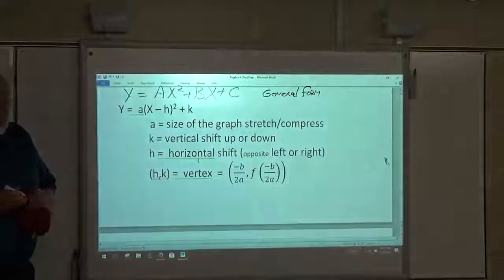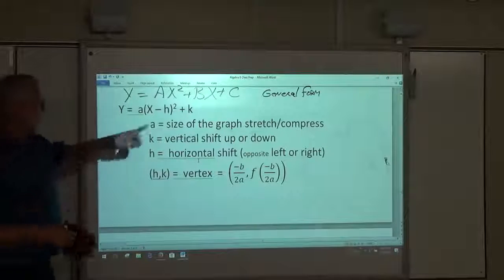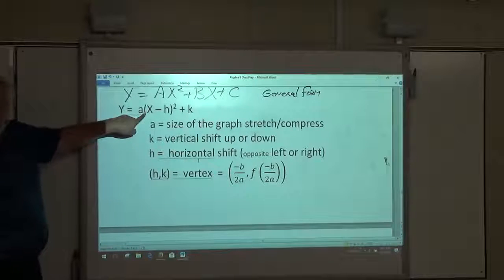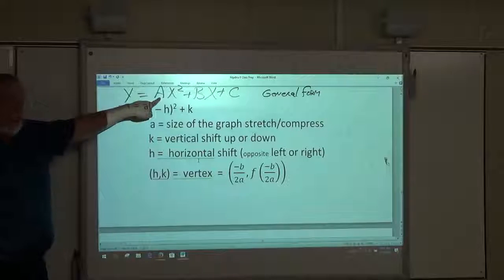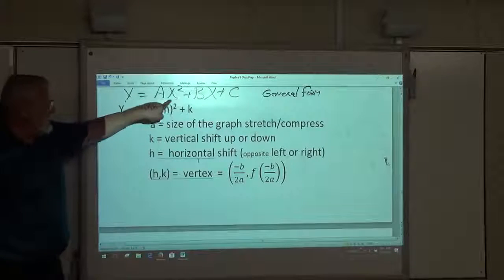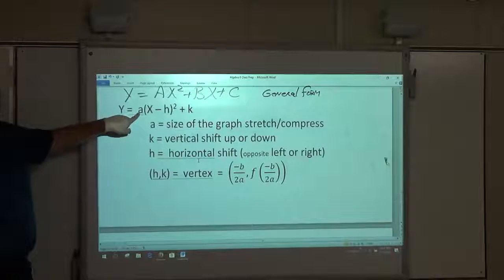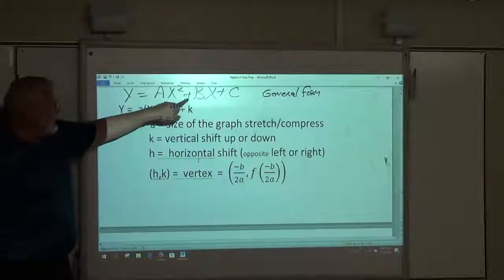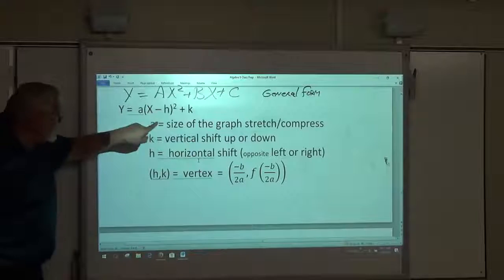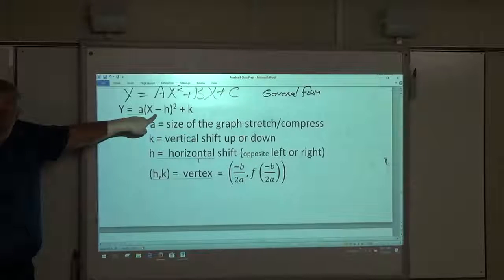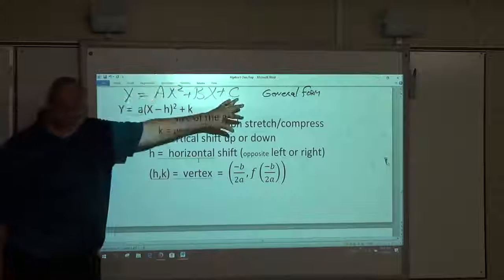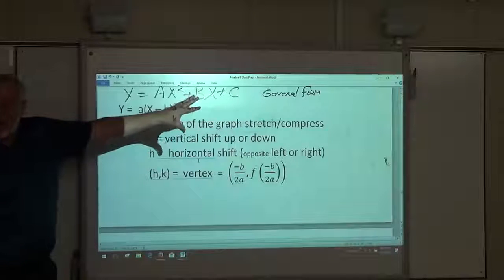All right, and if I wanted to change this form into this form, I would first of all have to factor an a out of both of these two numbers, right? And that a would become this. And then I would take half of what's left and produce this. And then I would add whatever new number so that I didn't get a change of anything.